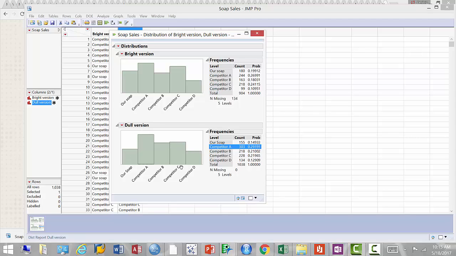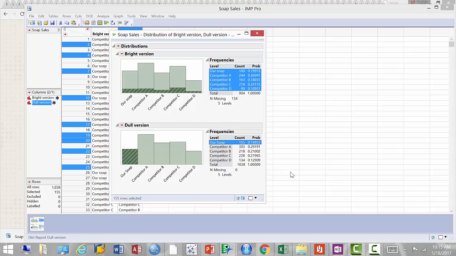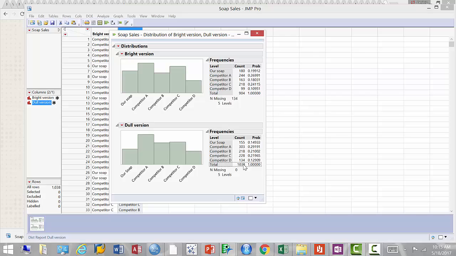Now let's take a look at another supermarket where we sold the dull version of our soap, okay? So we sold 155 bars out of total sales 1,038 bars, right? So that's responsible for 14.933, so close to 15%. So judging by these numbers, and these are only samples, right?